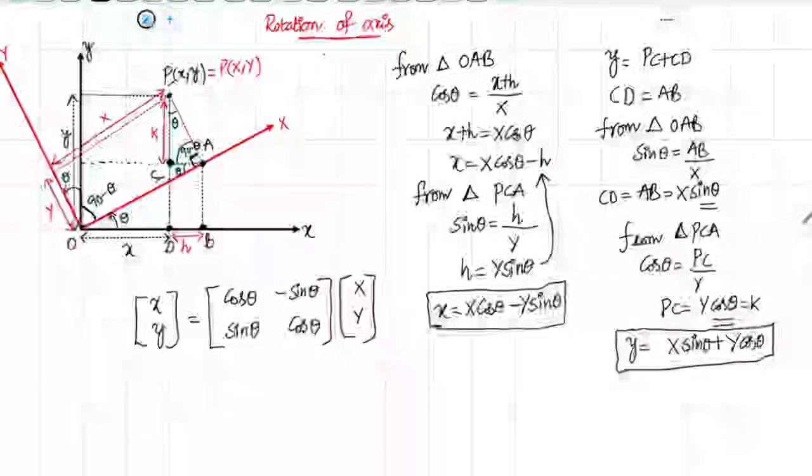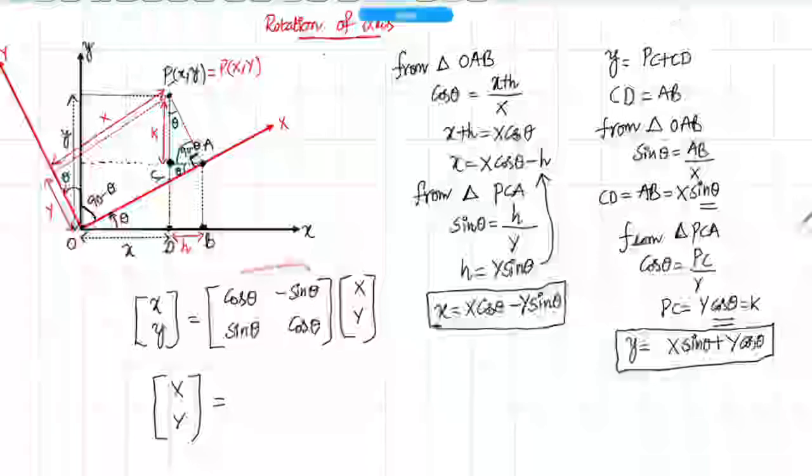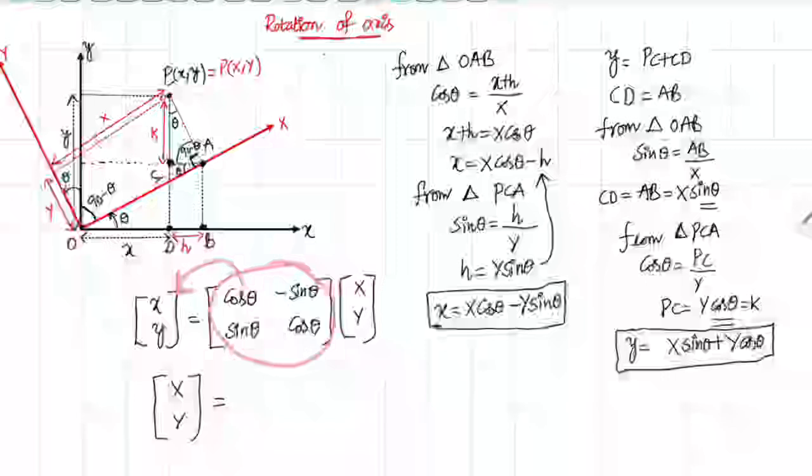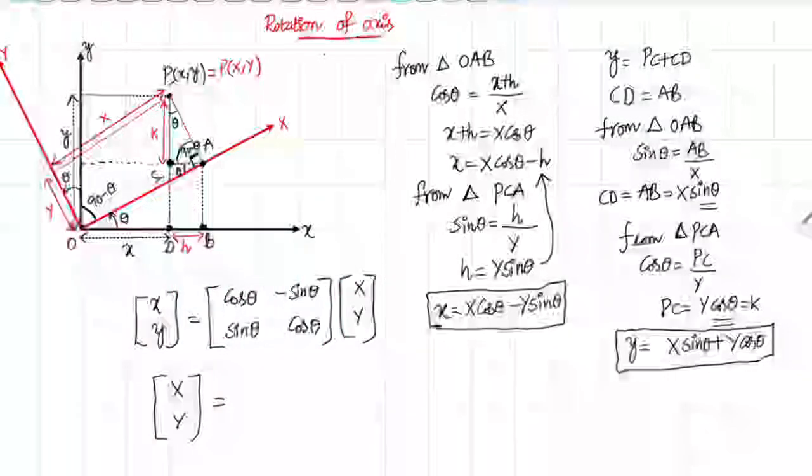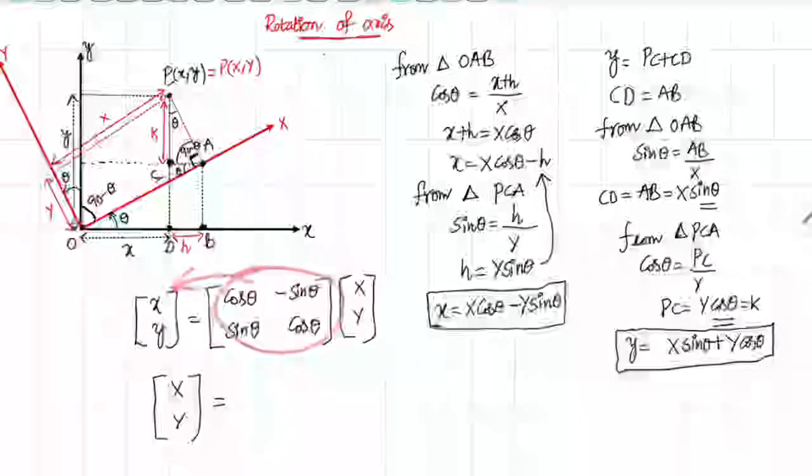Now if I want capital X and capital Y from this matrix equation, you can send this matrix to the other side so that you can find capital X and capital Y values. When you are sending this matrix to the other side, you need to take the inverse of that matrix.